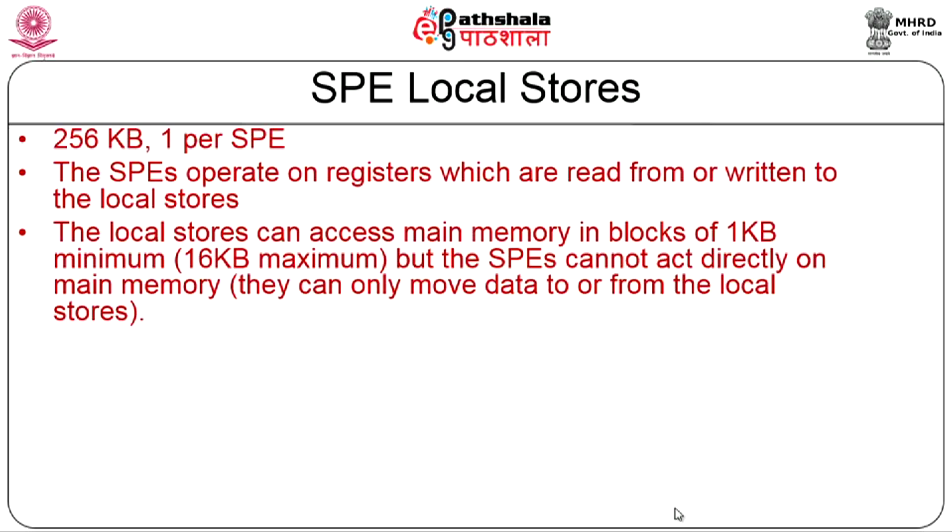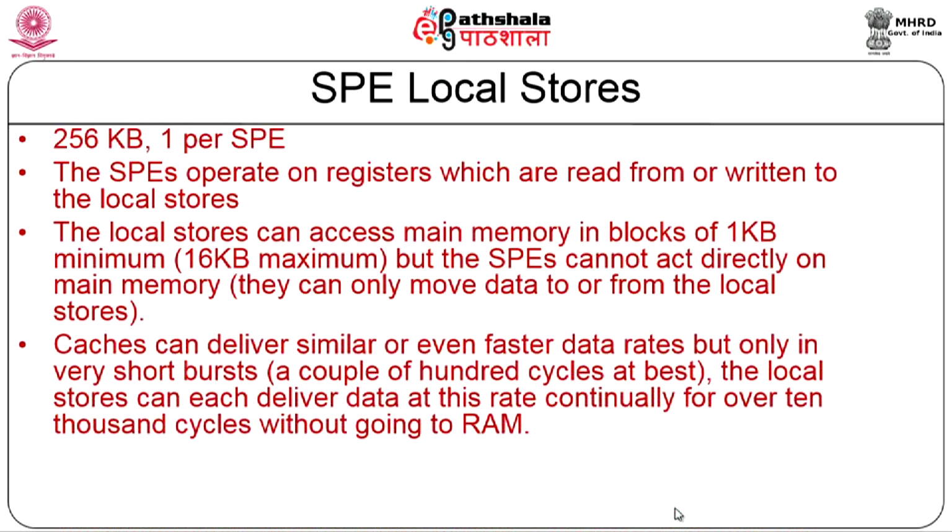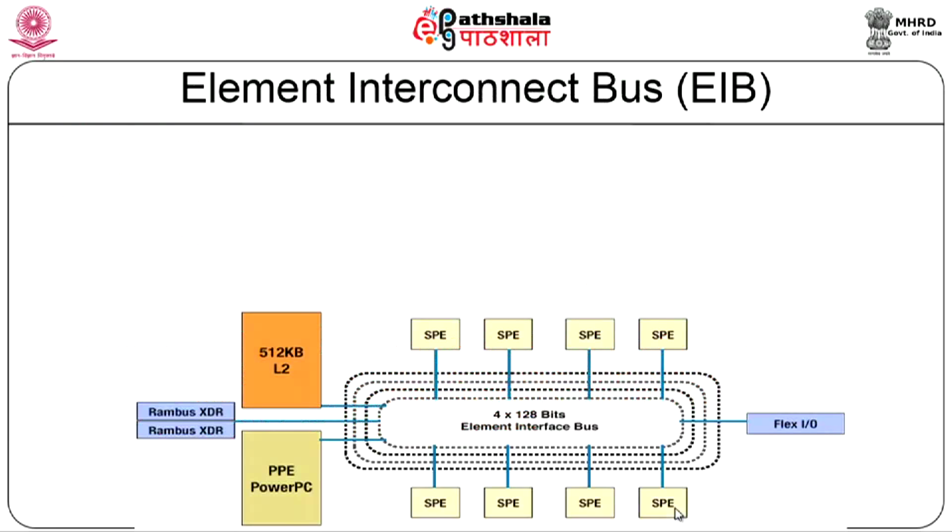They can only move data to or from the local stores. Caches can deliver similar or even faster data rates, but only in very short bursts, a couple of 100 cycles at best. Whereas the local store can deliver data at this rate continually for over 10,000 clock cycles without going to RAM. So, this is the element interconnect bus.